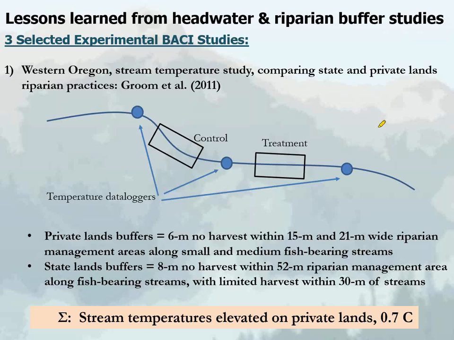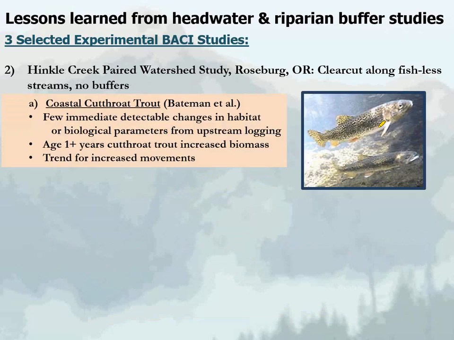So let you look at that for a second. 8-meter no harvest, but there's a 30-meter limited harvest area. The result was that stream temperatures were elevated in the private land buffers and were not in the other. So they concluded that there was support that the state land buffers protected the stream from increasing temperature.